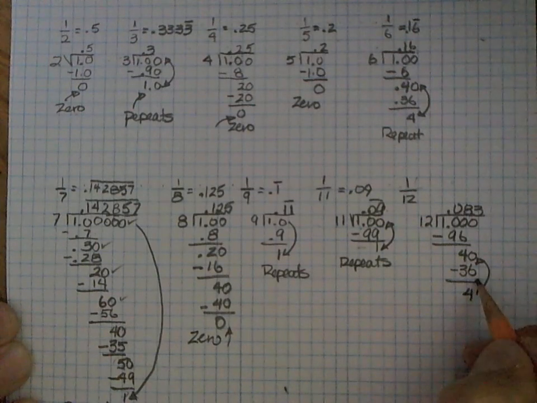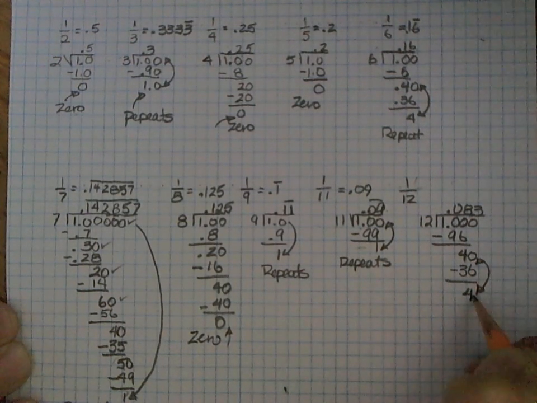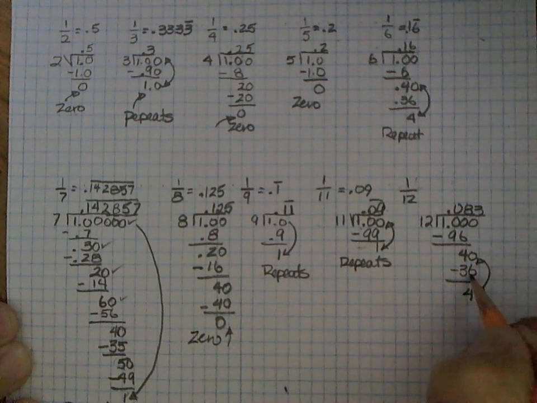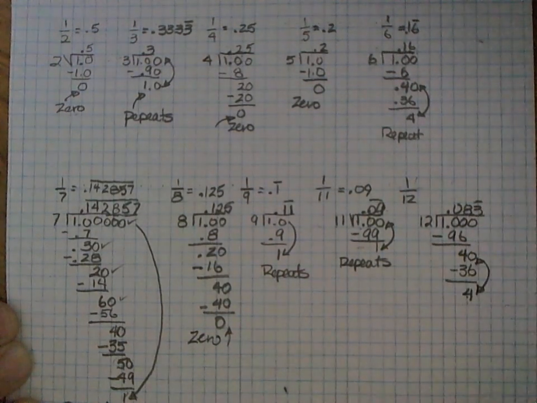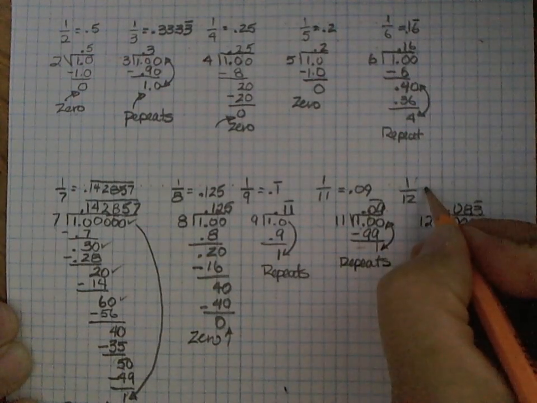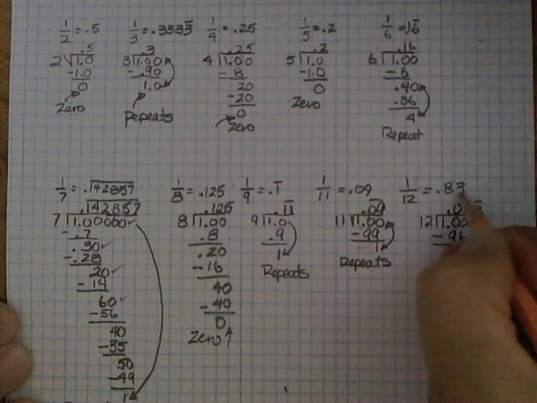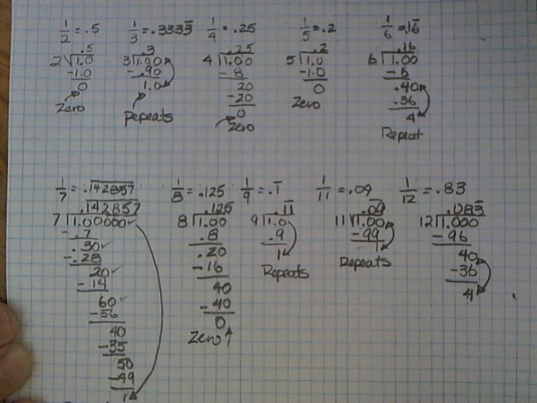So the repeating decimal is not the 8. It starts repeating at 40. And 3 times 12 gave me the 36 that caused the 4 to repeat. So that is the repeating decimal right there, not the 8. So 1/12 is 0.083 with the 3 repeating.